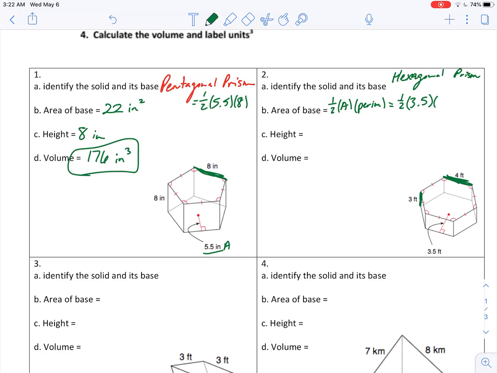So 4 times 6 for the perimeter is 24. Okay, so 3.5 times 24, 3.5 times 12 is 42. So this is going to be 42, and the height is 3, so the volume is 126 cubic feet.